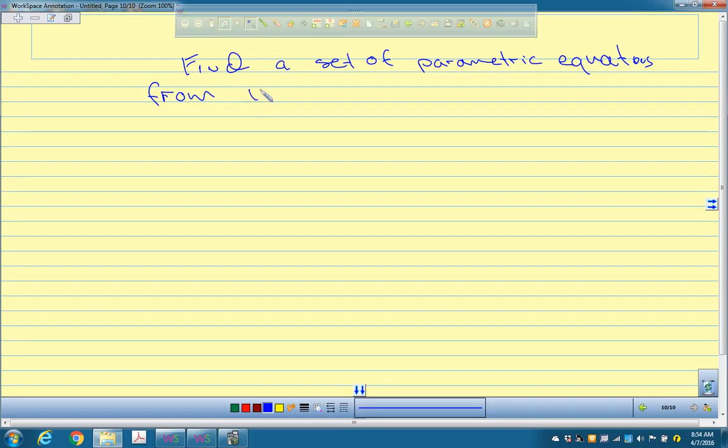So if I have y equals x squared plus 1, and I want to turn this into a set of parametric equations, there's infinitely many parametric equations that I could turn this into.